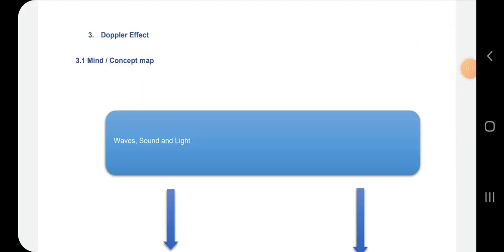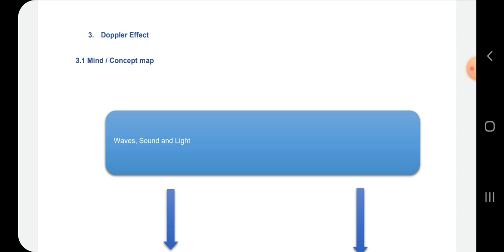So with Doppler effect, you should know waves, sounds, and light. It's a prerequisite. You did them in grade 10, so you need to revise on that. It's very important that you know them. With regards to the ATP, you have to know to state the Doppler effect and explain using illustration the change in pitch observed when a source moves away or towards a stationary listener.